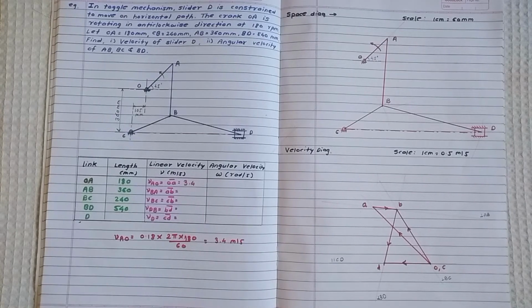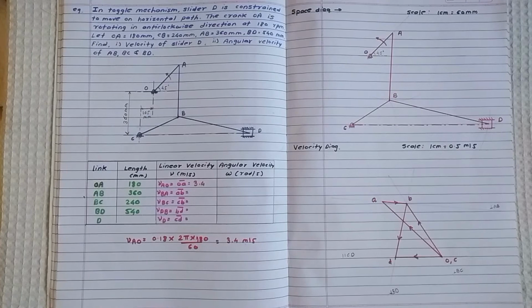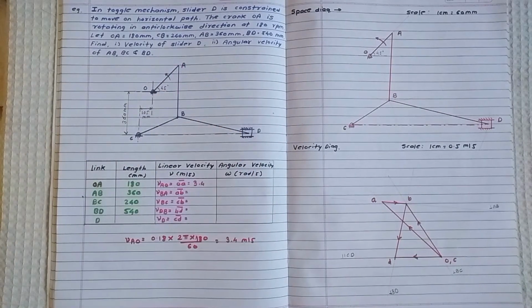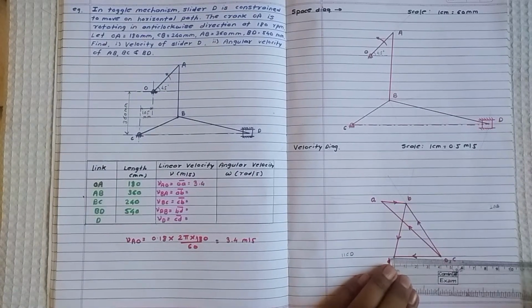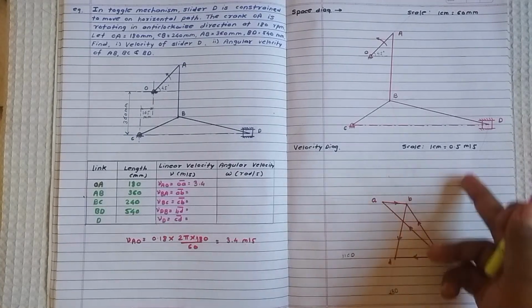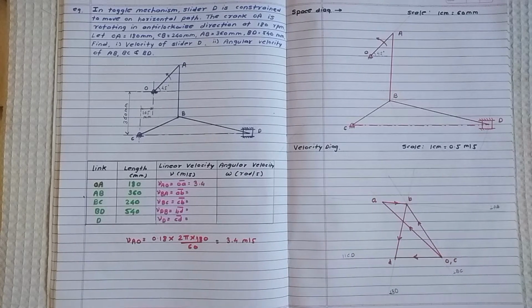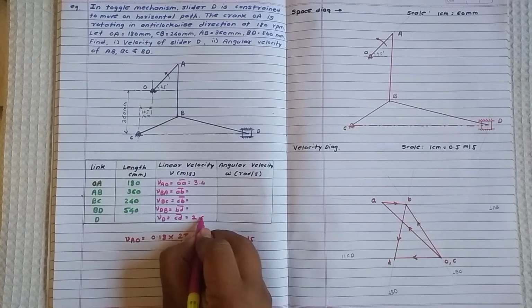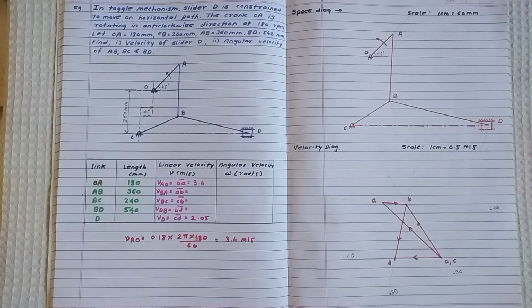Now the further part is the calculation part. Let us see what is asked. First, it is asked to find the velocity of slider D. We know the velocity of slider D is the length of cd in the velocity diagram, so it is 4.1 multiplied by the scale, because we have drawn the diagram with a scale. 4.1 multiplied by 0.5 comes to 2.05 meter per second. So the first answer we have found.